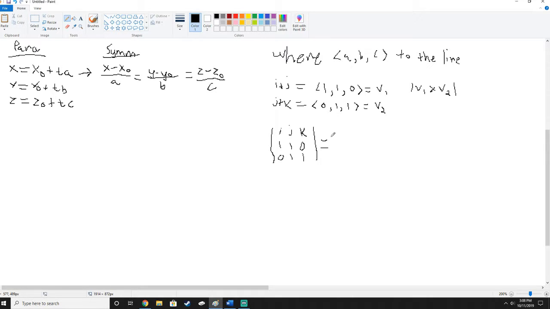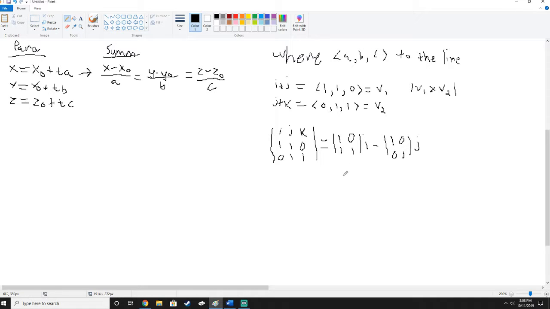For i, we multiply 1 by 1 and subtract 0 times 0, which is just 1.